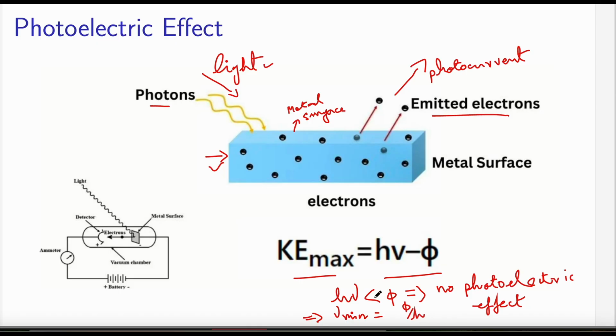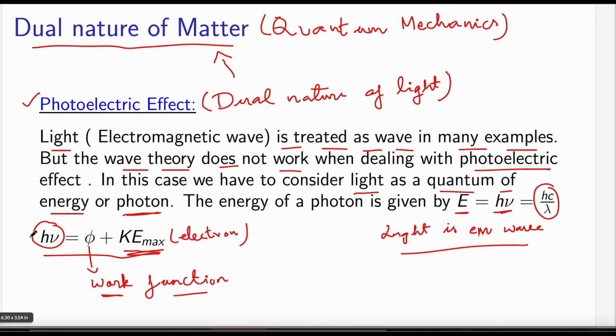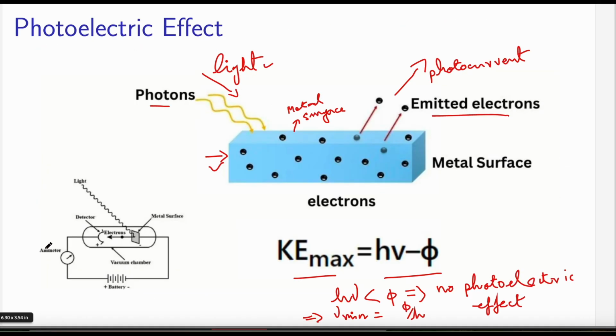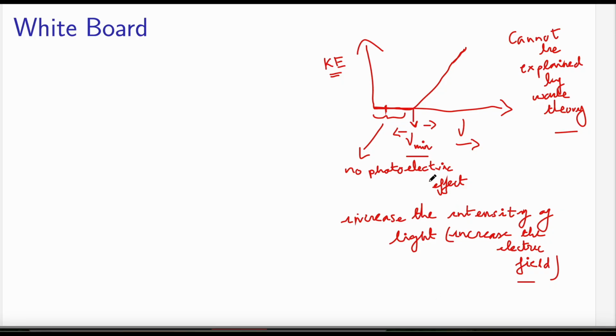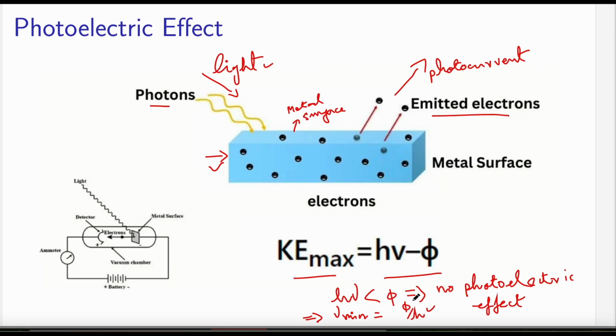We know what h is, Planck's constant. So this is the relation. This nu min that I was talking about here is this, and it depends on the work function of the metal.